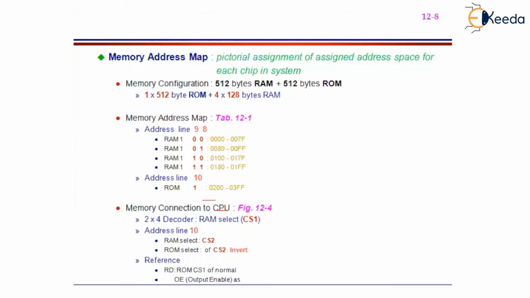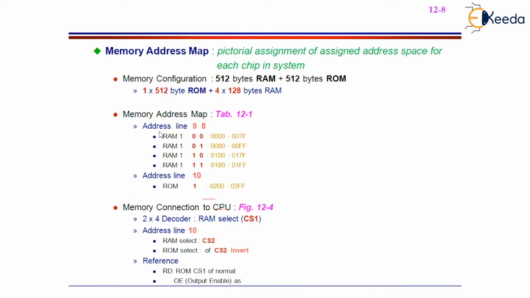Now, let us demonstrate the same concept by using a PPT. Here you have the configuration that I explained in the previous slide. The memory configuration is 512 bytes of ROM, 1 into 512 bytes, because we don't need to divide ROM; ROM is not overloaded. But we have to divide RAM, because RAM is overloaded, so 4 into 128.